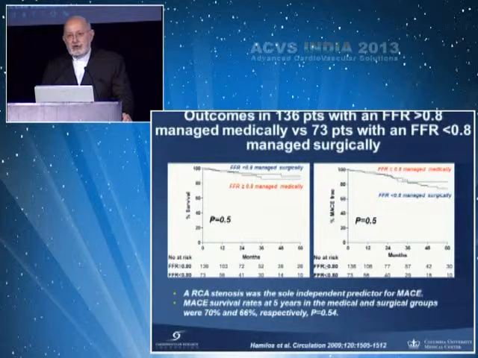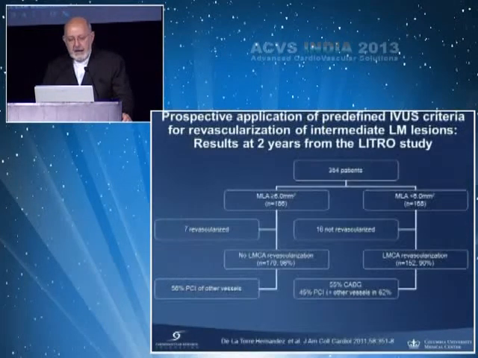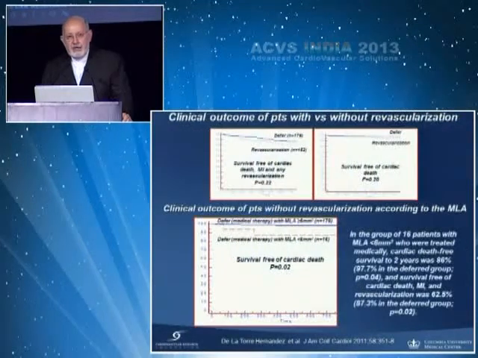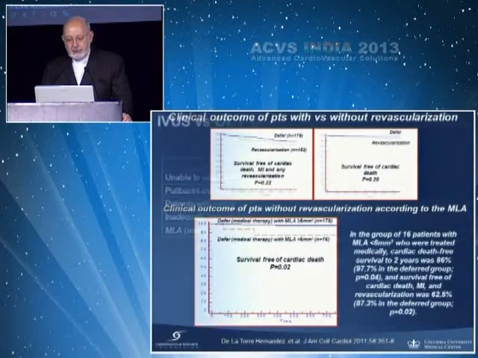In left main lesions, there is equal data for FFR, shown here in the study by Hamilos, and in the study from Spain, a registry called the LITRO study, in which patients with a lumen area above and below 6 square millimeters were either treated medically or with revascularization with equivalent outcomes out to 2 years.